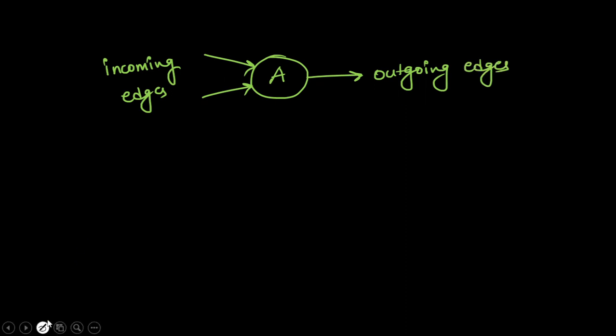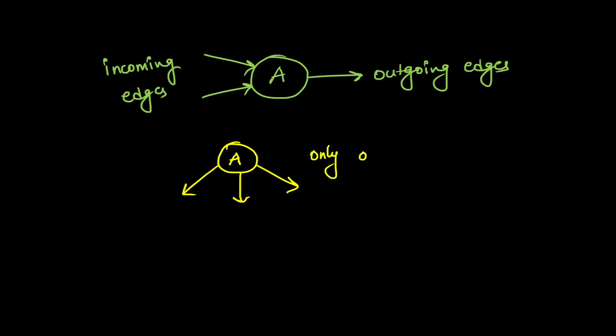Now one more thing you have to keep in mind: if there is a node and it only has outgoing edges, it will be your starting node.